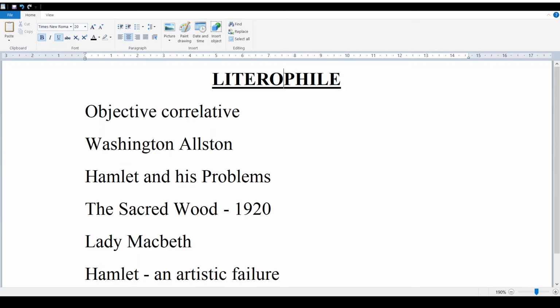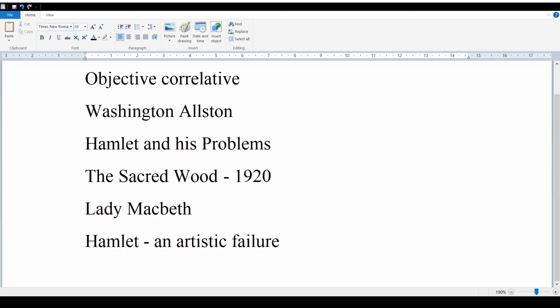By definition, objective correlative is a series of objects, a situation, or a chain of events which will become the formula of a particular emotion to be triggered within both the character and the spectator in the same proportion. To give an example, he makes use of the literary figure Lady Macbeth, and due to the lack of objective correlative, he undermines the play Hamlet by Shakespeare as an artistic failure.